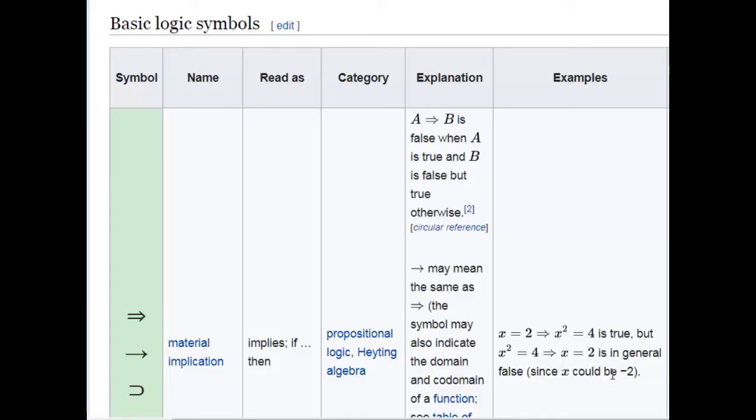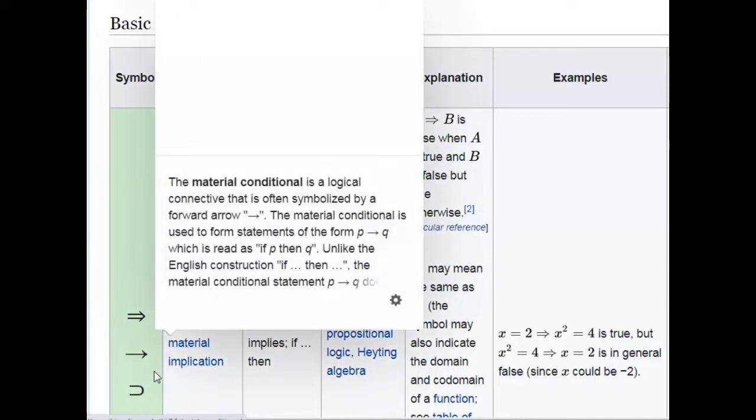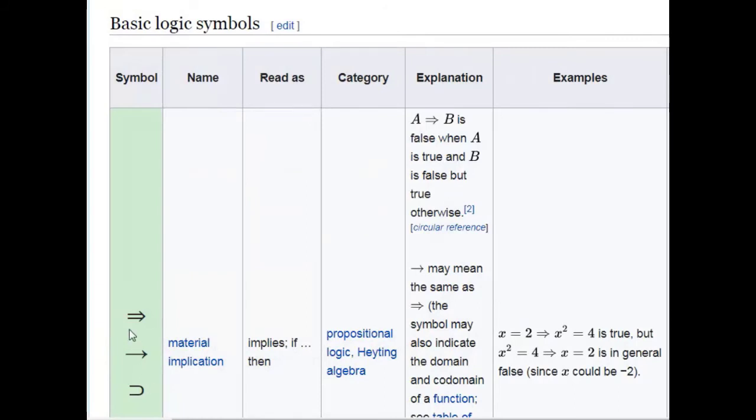In addition, I want to give some notations from mathematical logic. Here, main logic symbols. The first one, for example, this is implication. Here you can see we denote it by this symbol or these two ones. Usually we use the first one.